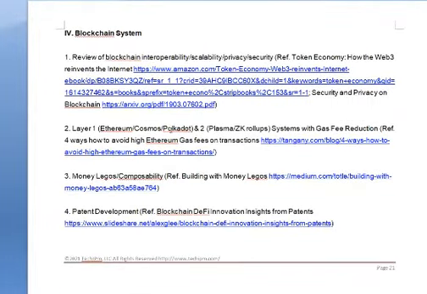Layer one platforms include Ethereum, Cosmos, and Polkadot, and layer two includes Plasma and LoRa. So you can use these existing ones.